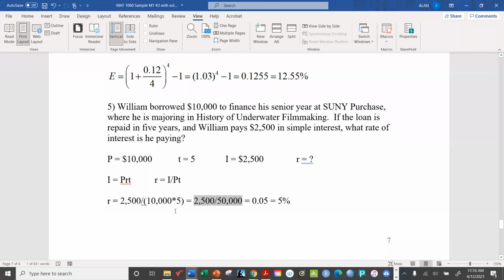If you choose to use the calculator directly without the simplification, you would have to hit divided by open parens 10,000 times 5. I believe that should do it. Let me just confirm that.